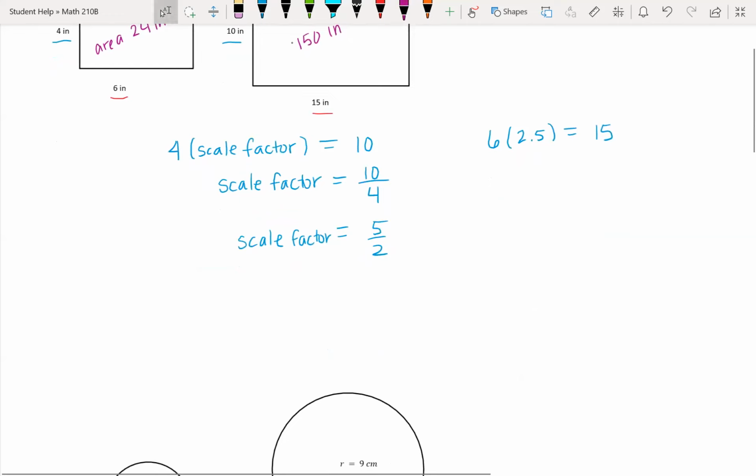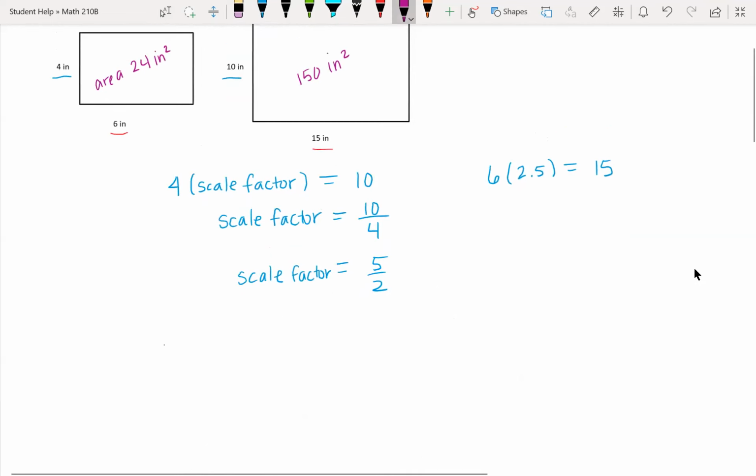So what if I were to compare the areas here? Let's take 24 and see what the scale factor is for area. What am I multiplying by to get from 24 to 150?